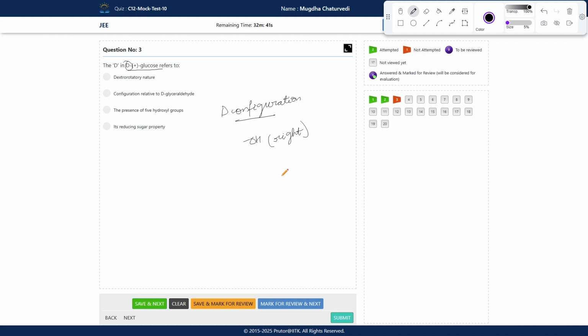If I take the example of glyceraldehyde, this is CHO, this is CH2OH, this is H, and this is OH. You will see that this OH is on the right side.